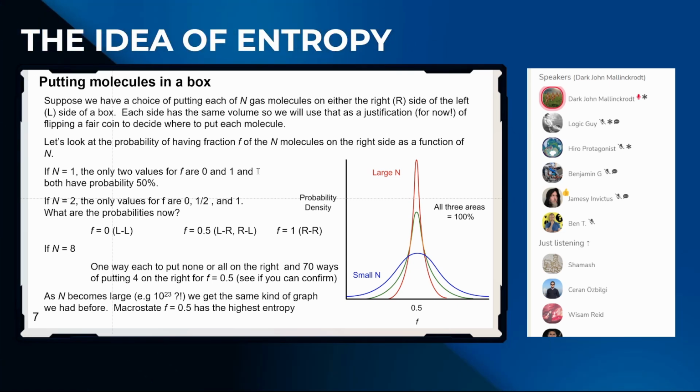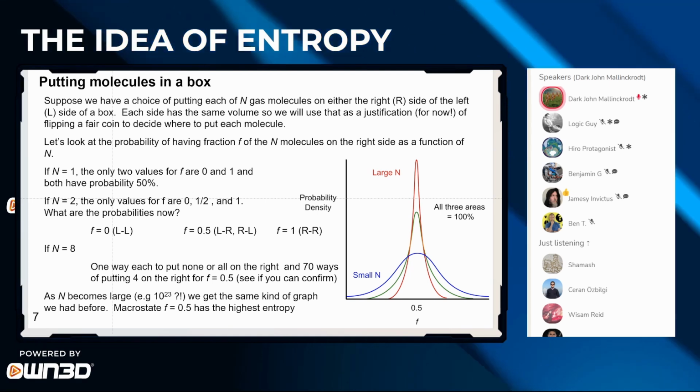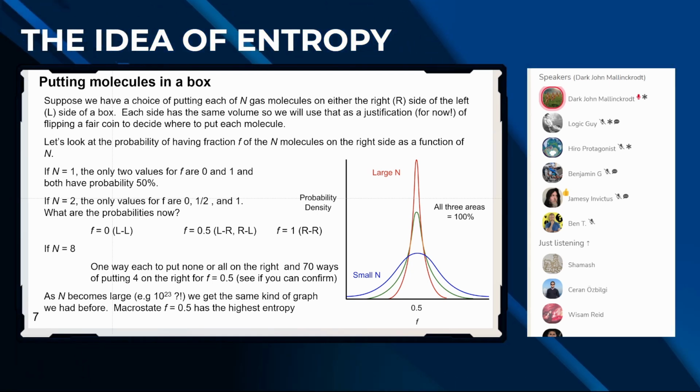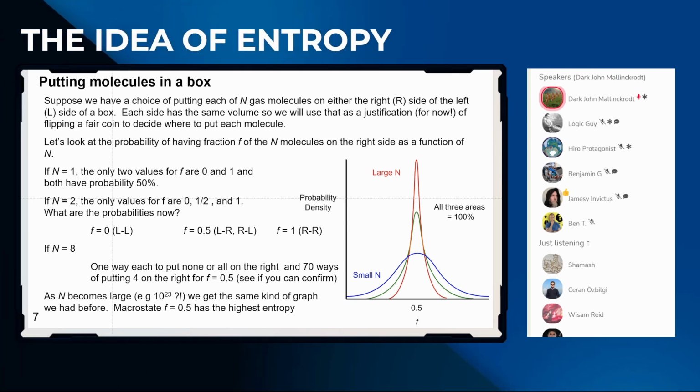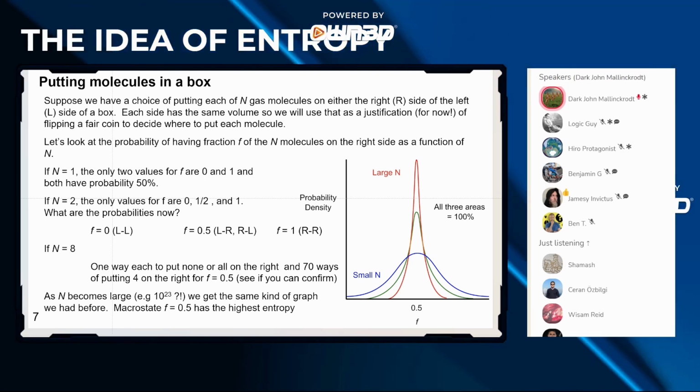I'm just saying that you can get out a piece of paper and see if you can enumerate or graphically illustrate the fact that there are 70 ways of putting 4 of those 8 molecules on the right. That's called the number of combinations of 8 things taken 4 at a time. My calculator, probably your calculator too, has a button. You can put in 8 and 4 and push that button, and it'll tell you 70.